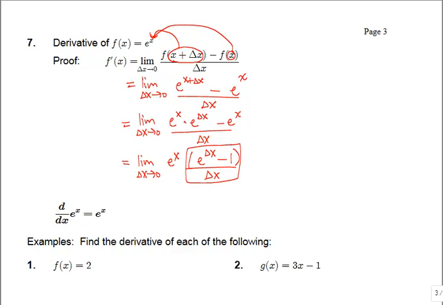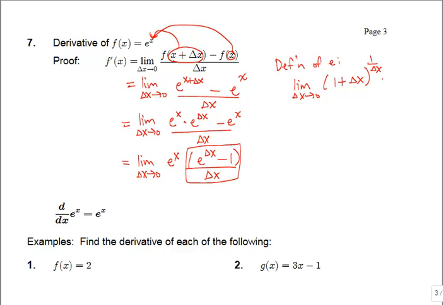You all know that e is approximately 2.71828. It's an irrational number, and it's defined to be a limit. e is defined to be the limit as delta x goes to 0 of 1 plus delta x raised to the 1 over delta x.